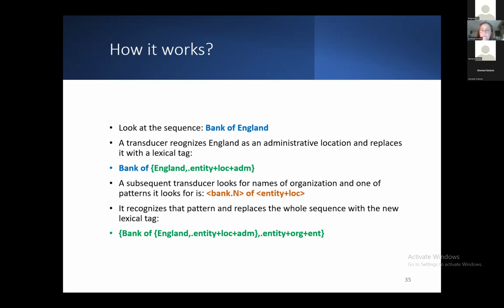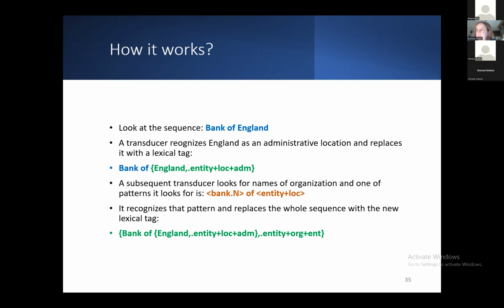Some subsequent transducer looks for names of organizations, and one pattern for recognition looks like this: bank, then the lexical mask of entity plus location, another lexical mask. That pattern would recognize bank as a noun.